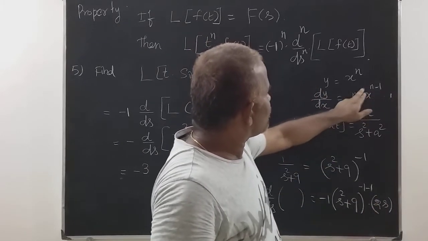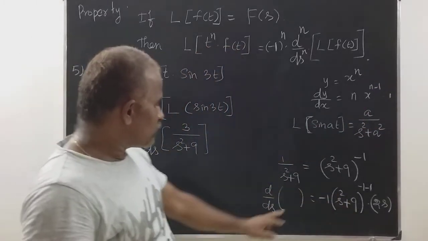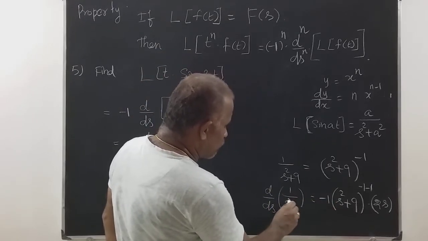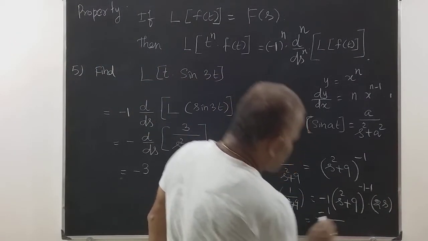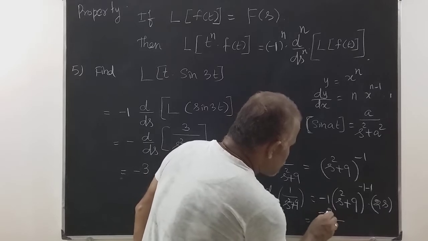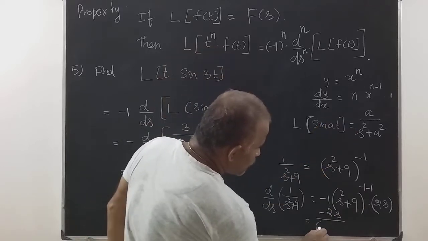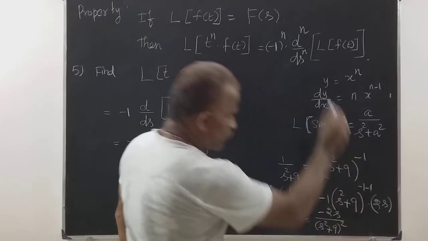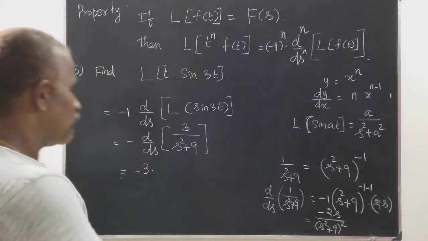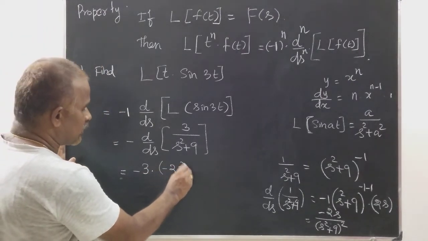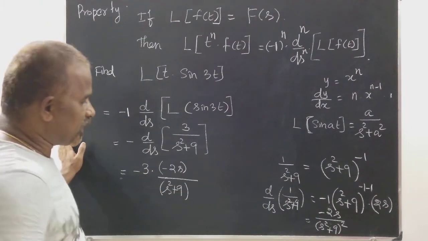So this is minus 1 divided by s squared plus 9 the whole square, into 2s, that is minus 2s divided by s squared plus 9 the whole square. Therefore 3 into minus 2s divided by s squared plus 9 the whole square.